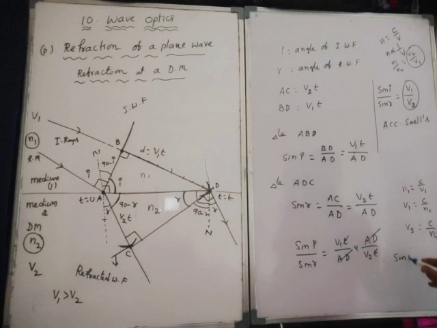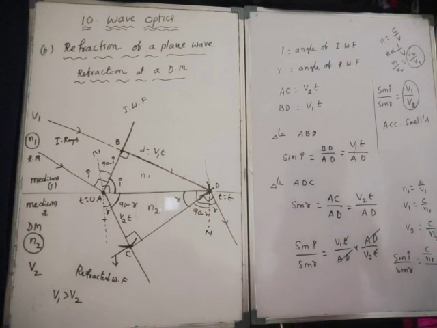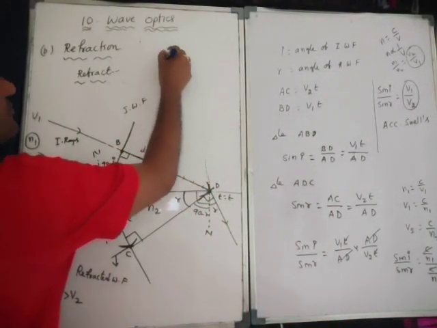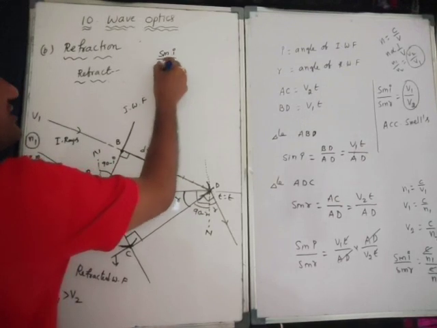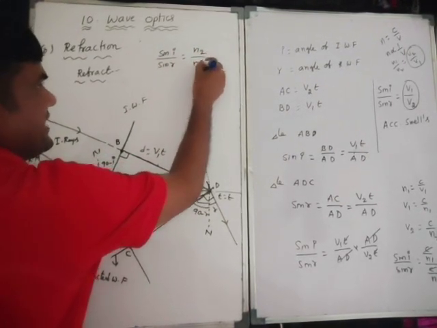So directly, sin I by sin R is equal to V1, which is C by N1, divided by C by N2. So C, C get cancelled. Therefore, sin I by sin R is equal to N2 by N1.